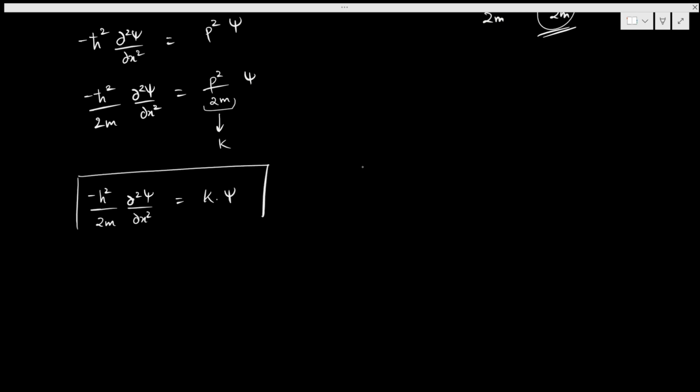Again, this is your eigenvalue equation, and this operator here is your kinetic energy operator, minus ħ² by 2m into ∂²/∂x². This is K cap, or your kinetic energy operator.